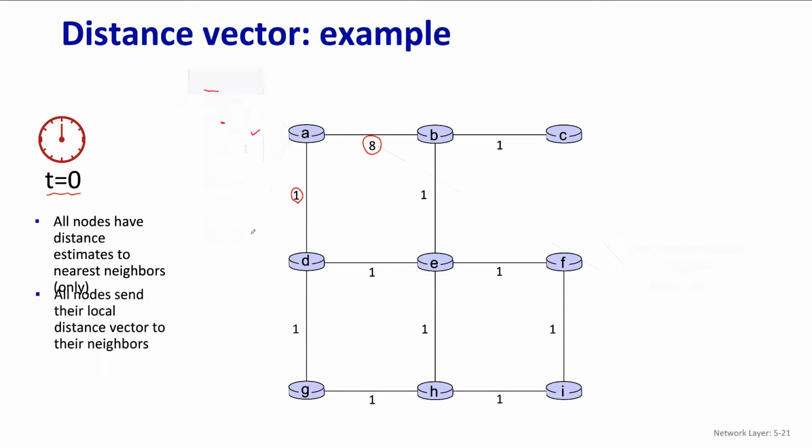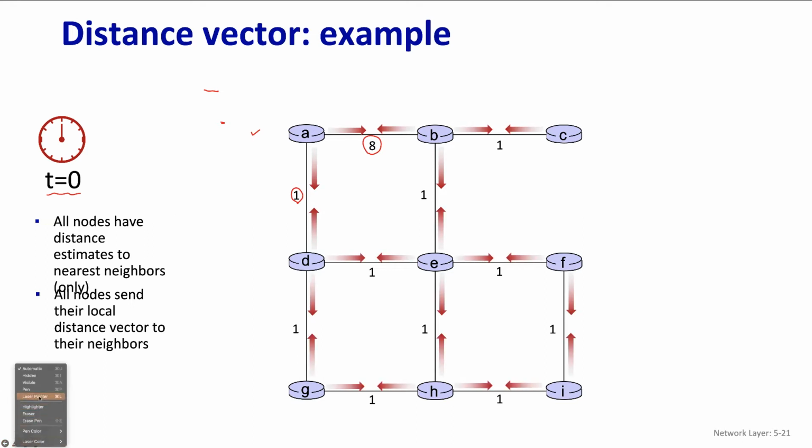So this is going to be at t0, right? Let me try to delete. So this was at t0. As I mentioned before, all the nodes are going to do their own distance vector, and then this distance vector is going to be shared with your neighbor.